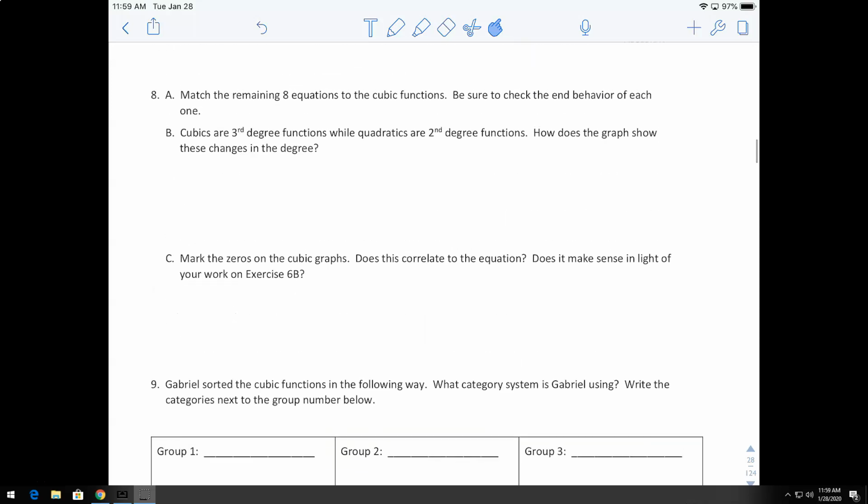So it's asking what's the difference between cubics and second degrees. Ideally, a quadratic goes two directions. It has one turn and a max of 2 zeros.